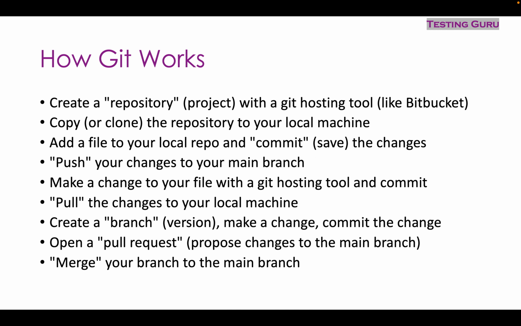And if you want to make any changes to your file using a Git hosting tool, or after the commit, you again have to pull from the remote repository to your local repository using the pull command. The main advantage of Git is that it provides branching and versioning for each branch.